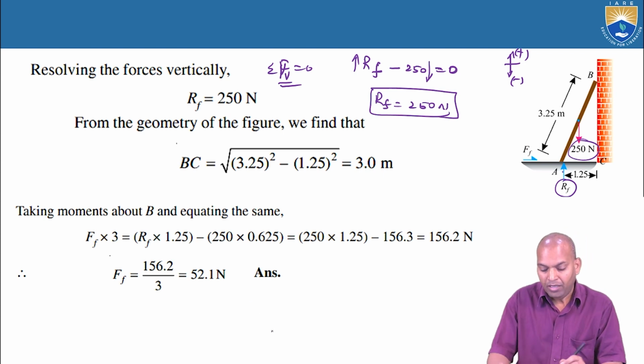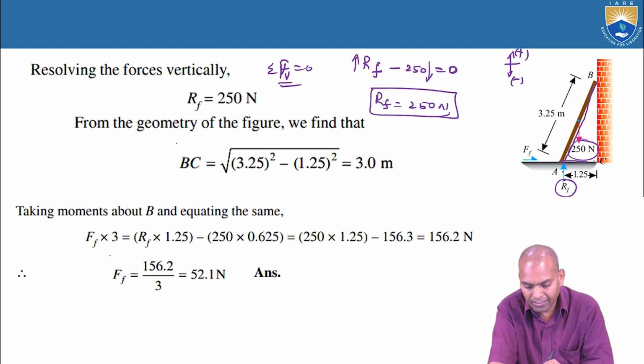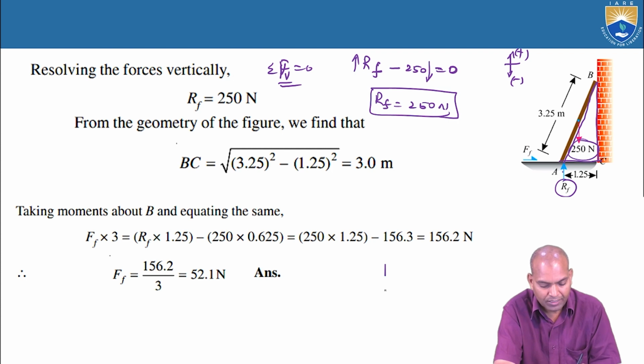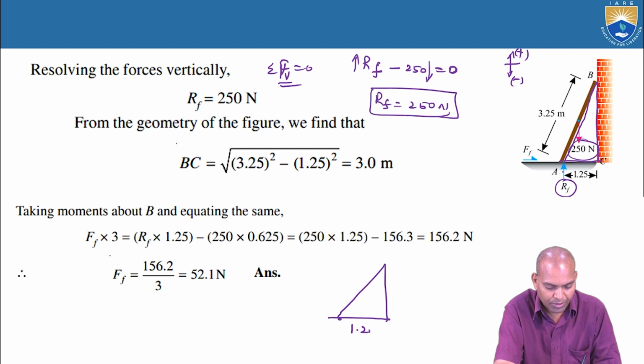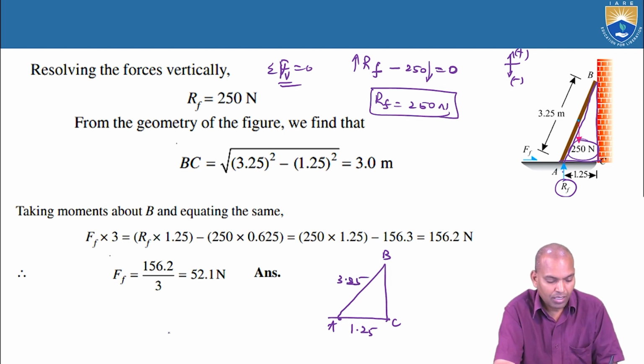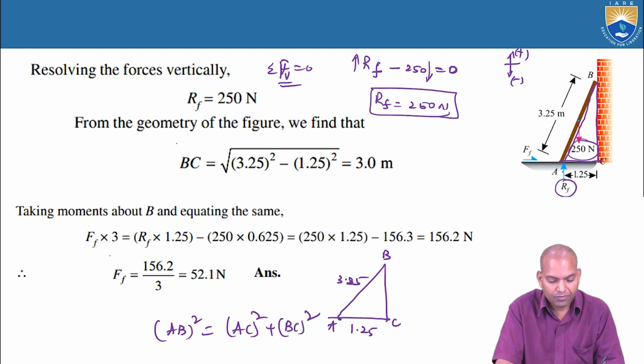Okay, next. This is like a right angle triangle. We want to find out BC. Considering the right angle triangle, this distance AC is 1.25 meters and AB, the ladder, is 3.25 meters. What about BC? AB square, the hypotenuse square, equals the horizontal square plus BC square. We want BC, so BC square equals AB square minus AC square.